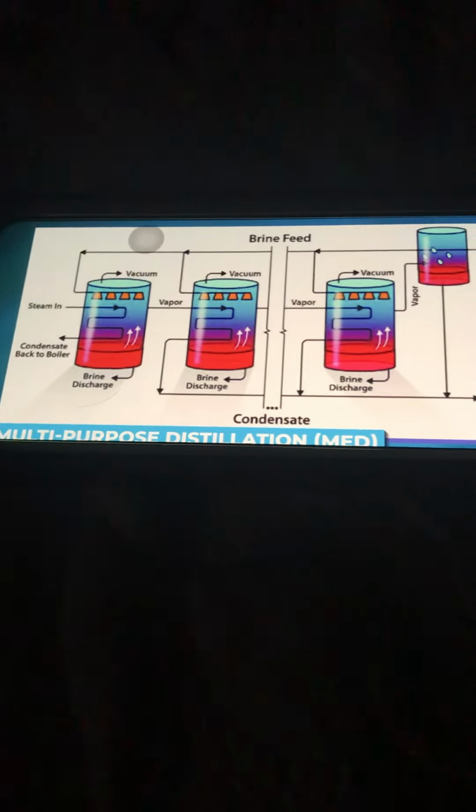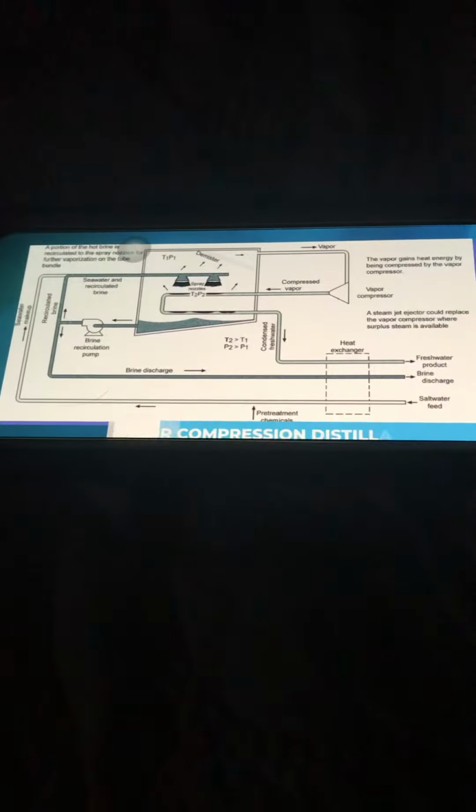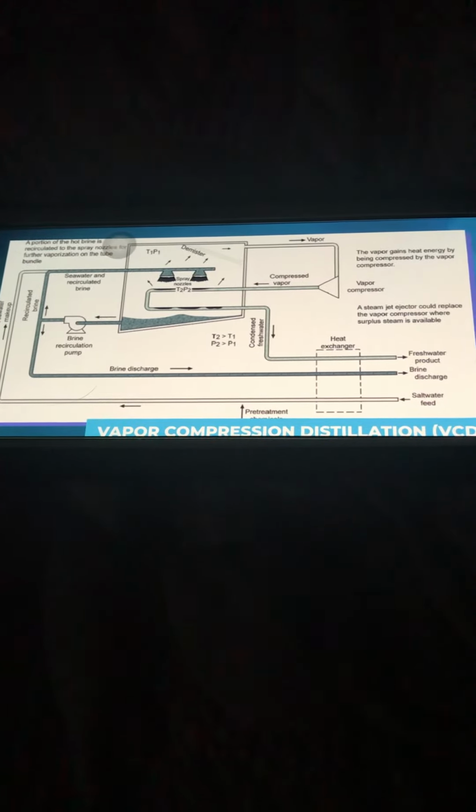Thermal distillation technology is widespread in the Middle East, mainly because the region's oil reserves keep energy costs low. The three main large-scale thermal processes are multi-stage flash distillation, MSF, multi-effect distillation, MED, and vapor compression distillation, VCD. Another thermal process, solar distillation, is mostly used for very small production quantities.